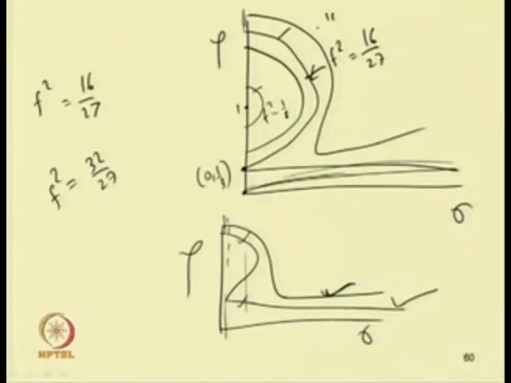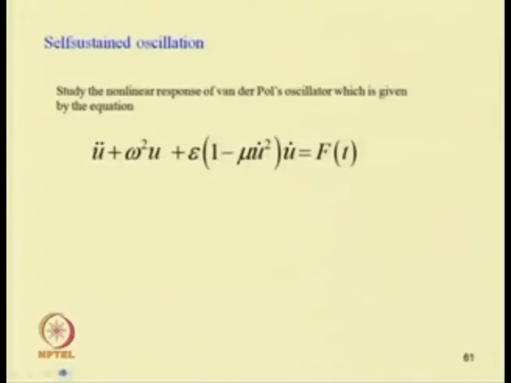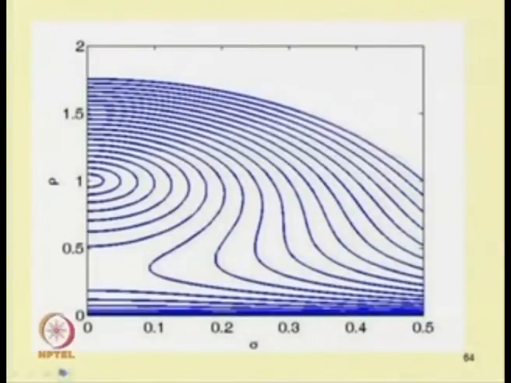The actual stability of this curve can be studied by perturbing this equation, and one can find whether the system is stable or unstable by plotting the response of the system. Here, for different values of rho and sigma, and for different values of f, these curves have been plotted.